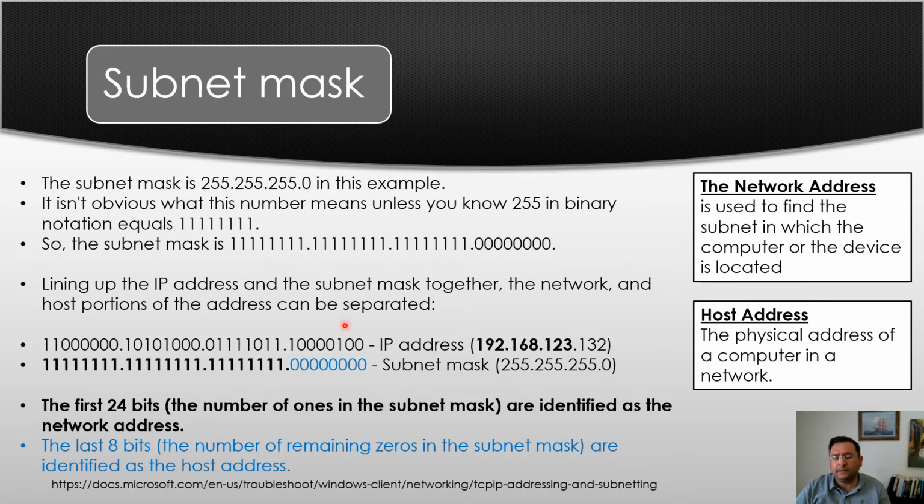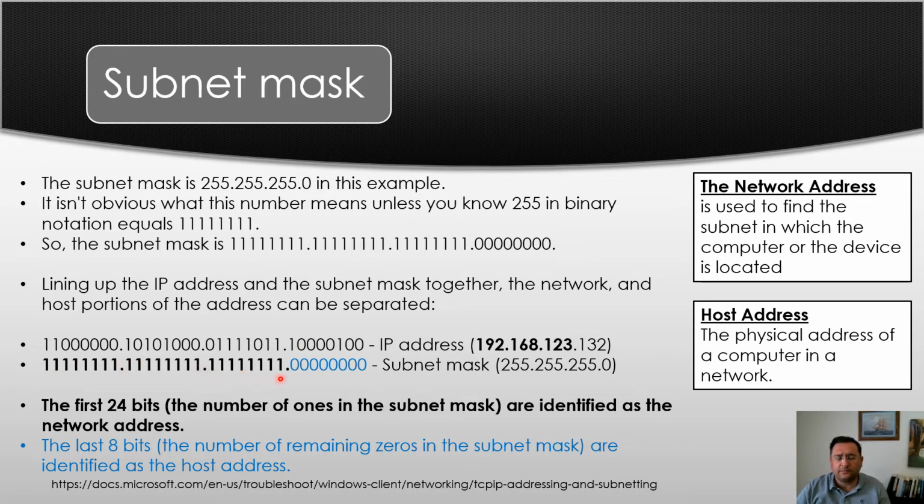Lining up the IP address and the subnet mask together, the network and host portions of the IP address can be separated. This is the IP address in binary, and this is the subnet mask in binary.